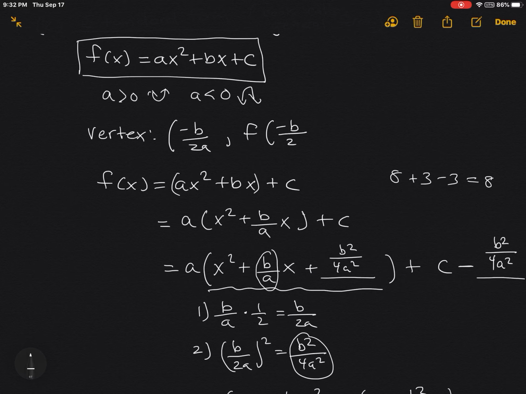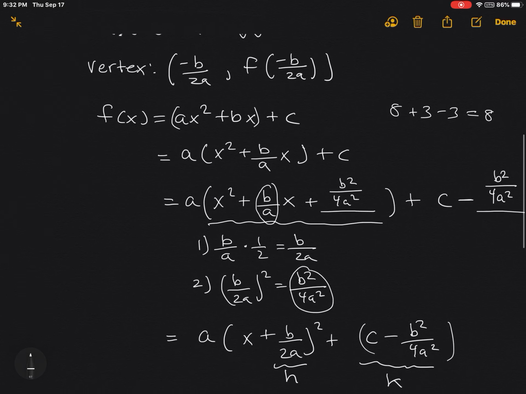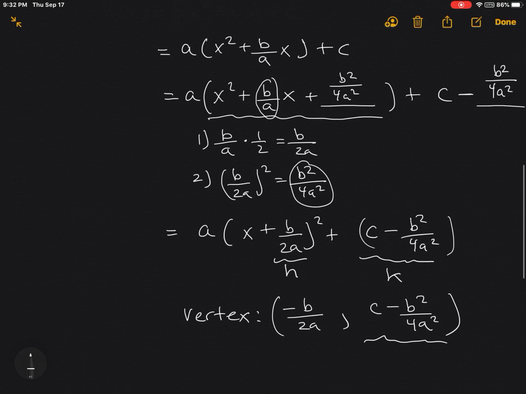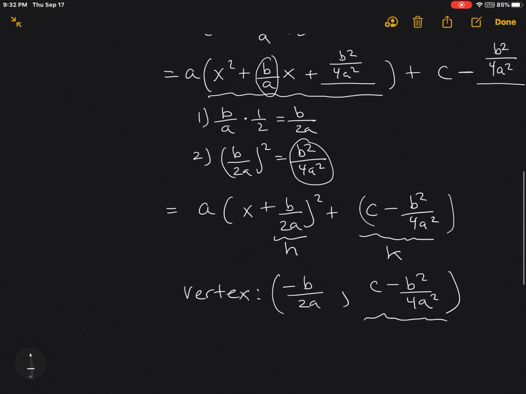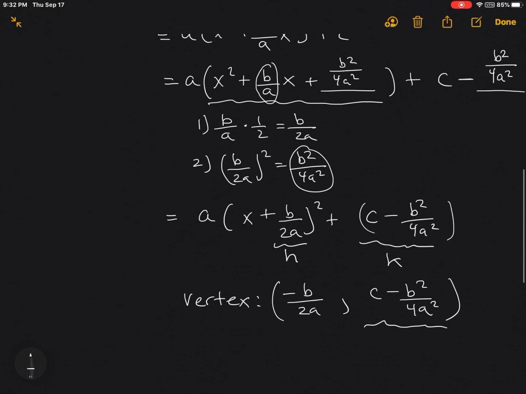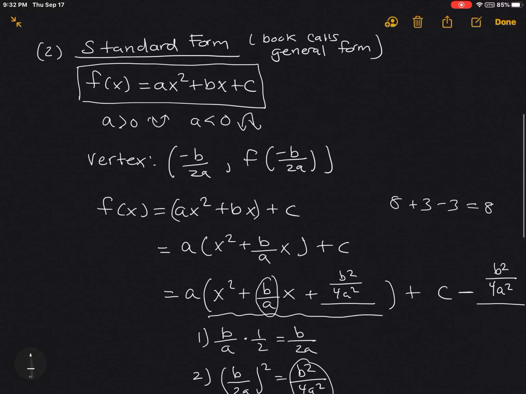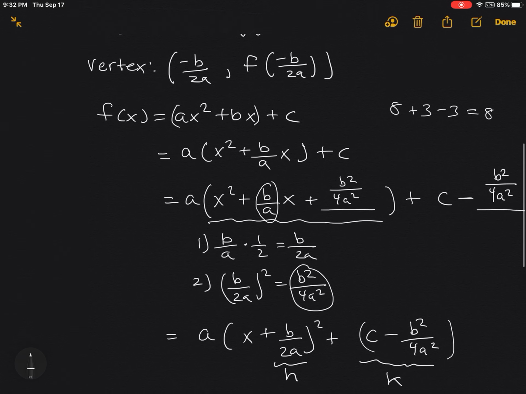This just means whatever x value that you get for the vertex, you plug it back in to get the y value. All right, so if you were able to understand all this, that means your algebra skills are strong and you remember how to complete the square. So that is what we call standard form, and this is where the vertex formula comes from. You complete the square.